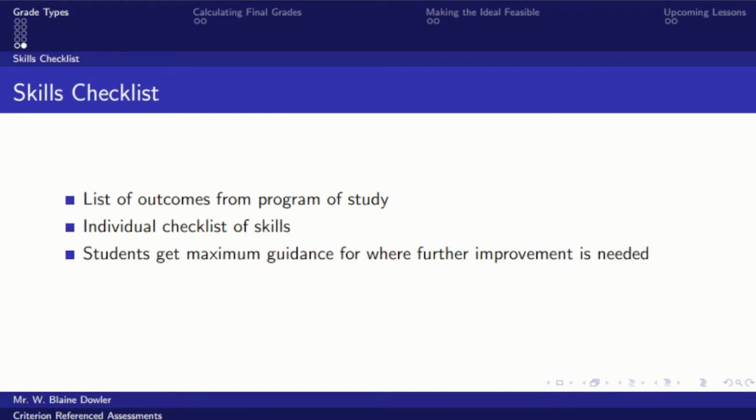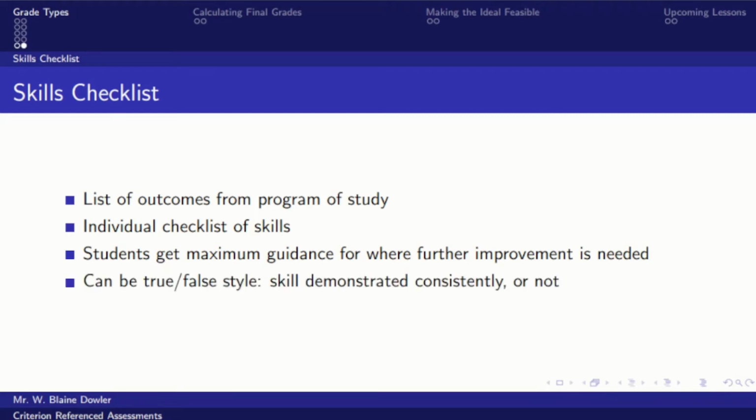Because they could see, oh, I'm good with this skill, I need some help with that skill. It can be a true-false style, where the skill is consistently demonstrated or it's not. Or you could break it down into a little more detail. You don't want to go to too many different categories because then again you're running into the problem of having a large number of bins and having less confidence that the student is in the correct bin.